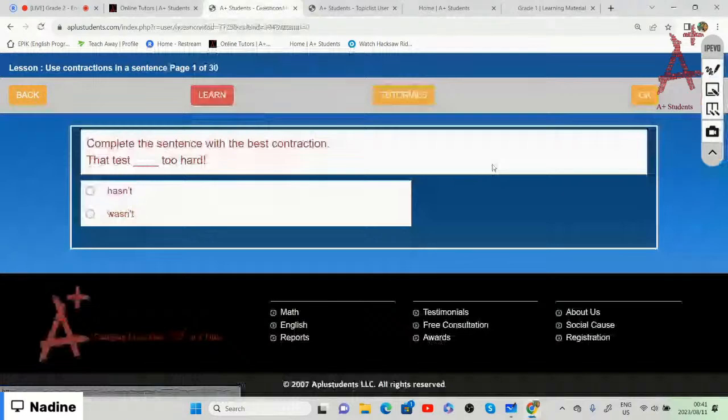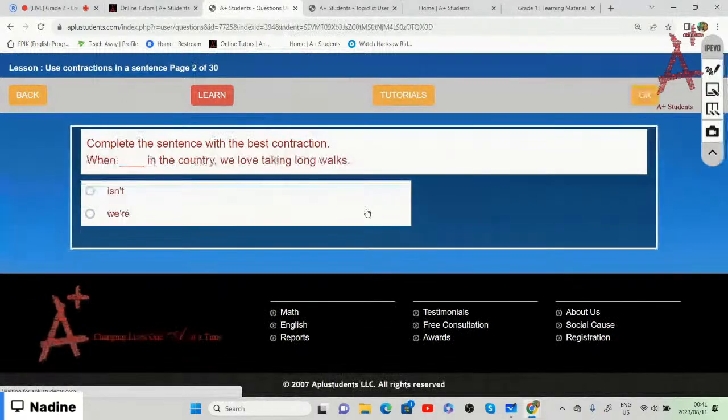We need to choose one of those words in order to complete the sentence. So if we want to say that the test, it was not too hard, then we can say the test wasn't too hard.